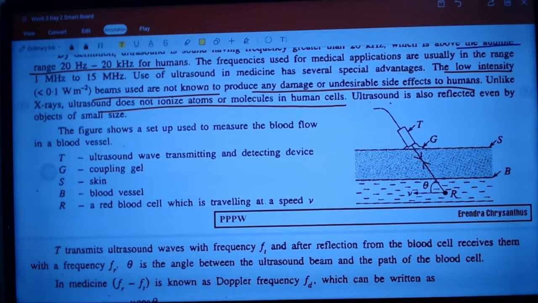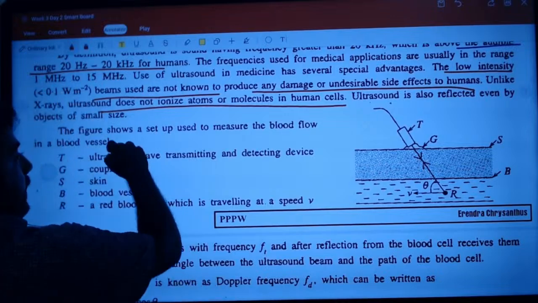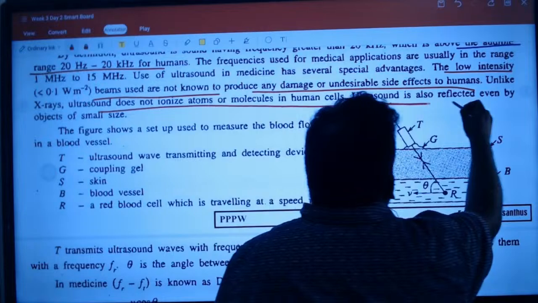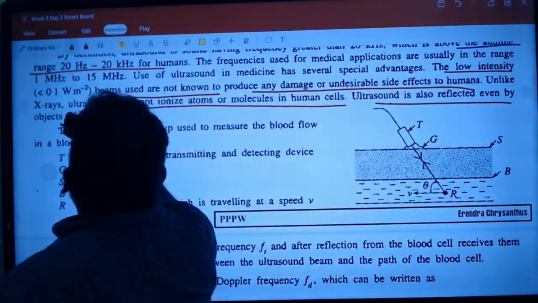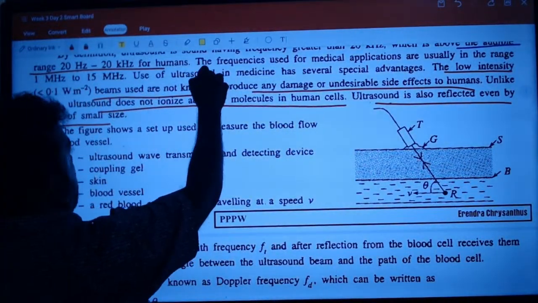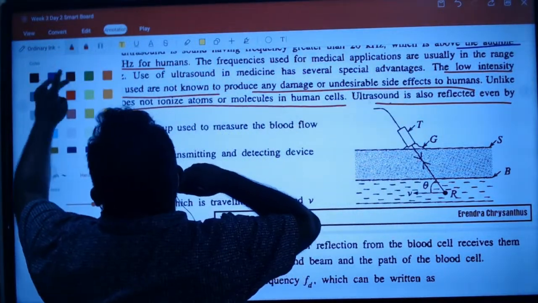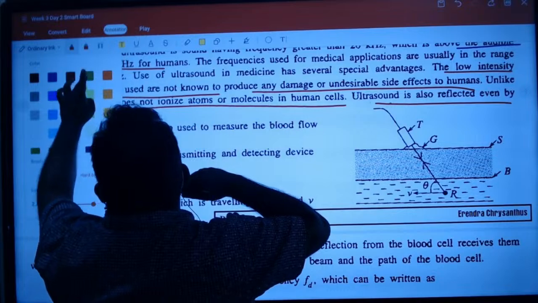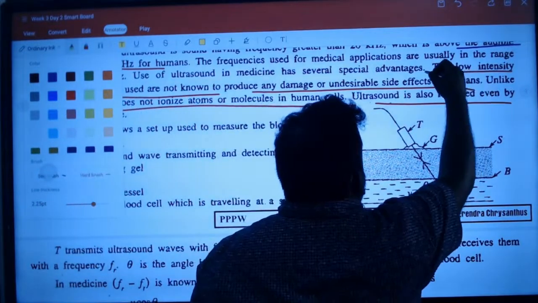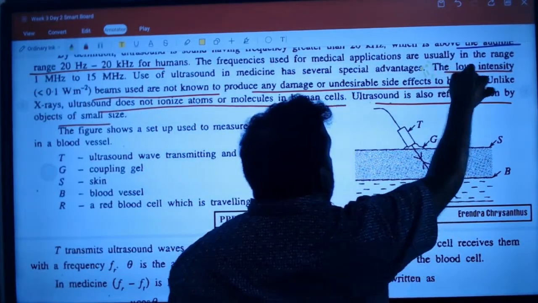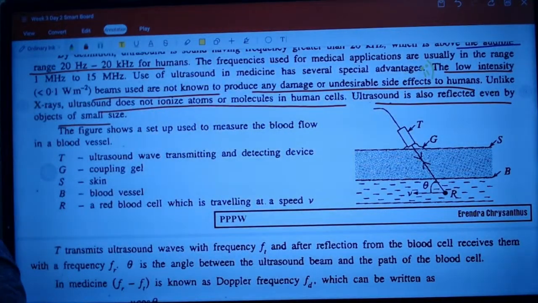I won't write it, I'll just show it there. This is your answer for Roman number 2. Even this: ultrasound reflects small objects. Roman number 2 answers, if you want in black itself.